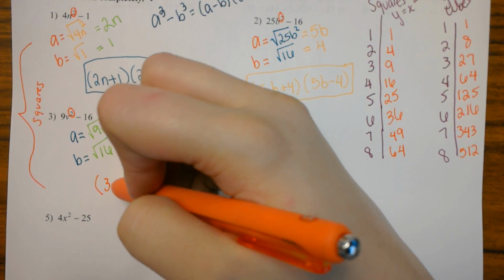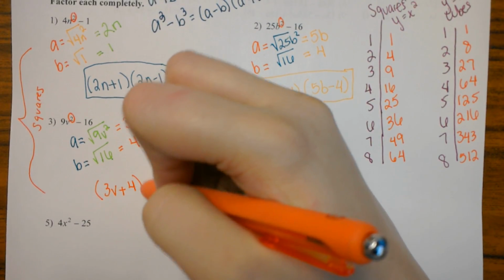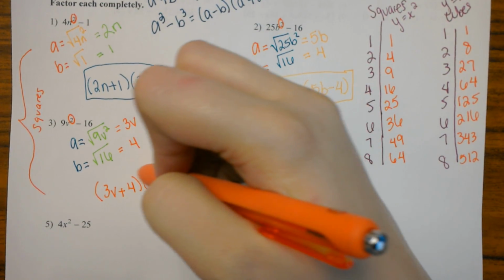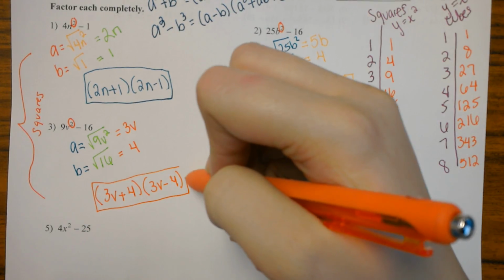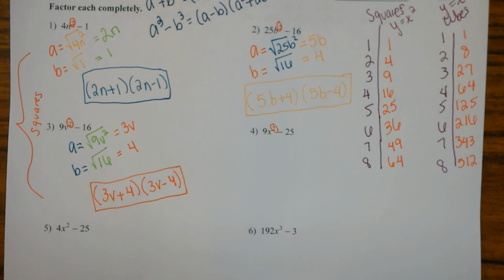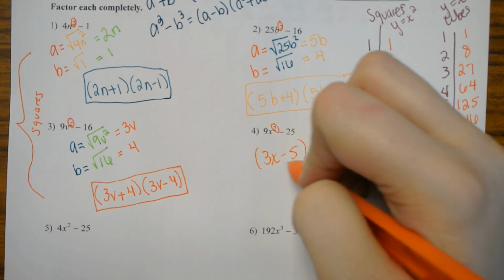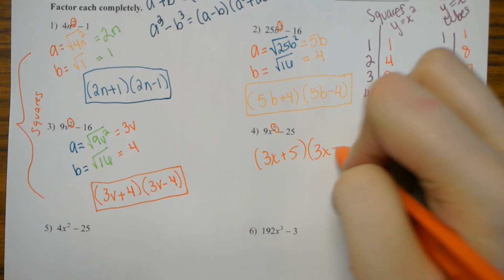So my answer, 3v plus 4, 3v minus 4. And then number 4, 3x plus 5, 3x minus 5.